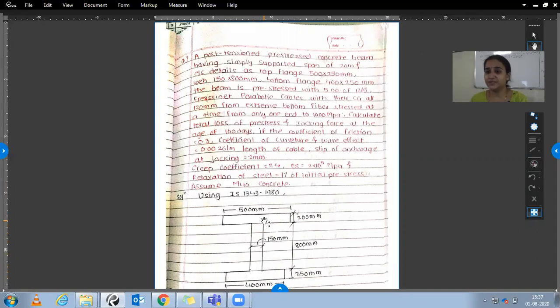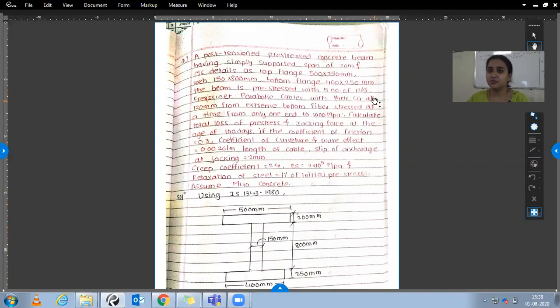As we have discussed earlier, first there is a strand, then a group of 4 or 5 strands forms one group, a tendon. So 12 by 5 means 5 strands, and 12 is the diameter of that strand.